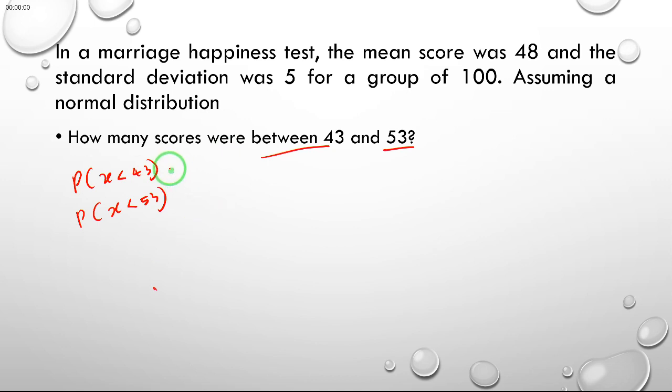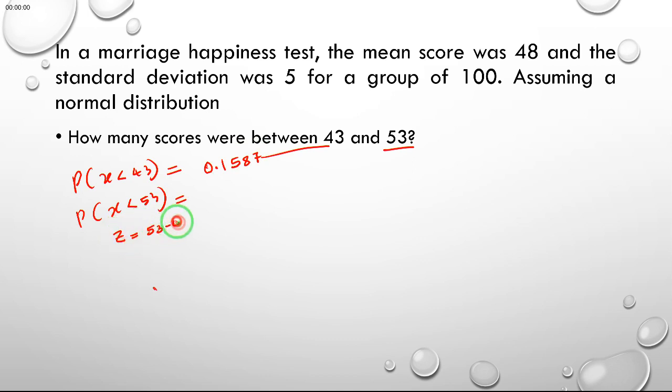We have already found that the probability when it is less than 43 was 0.1587.